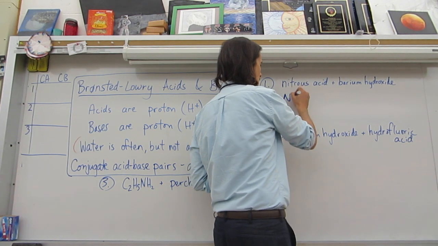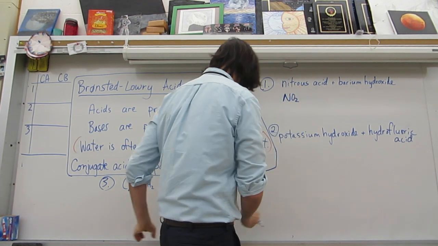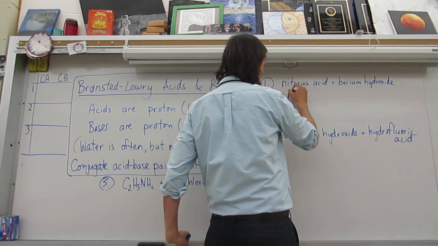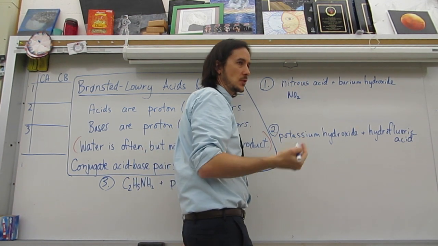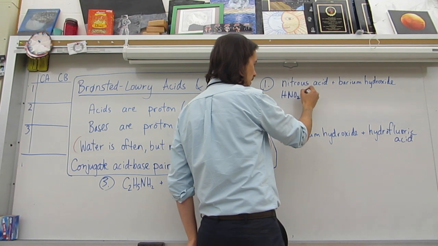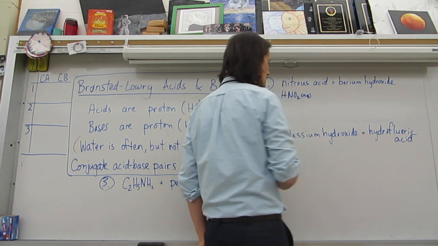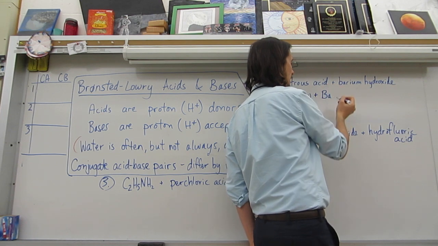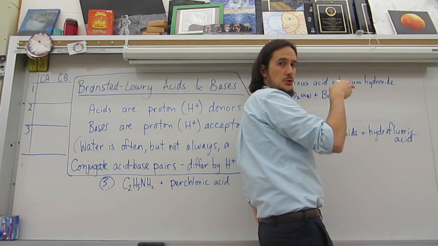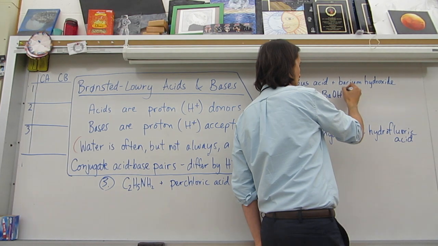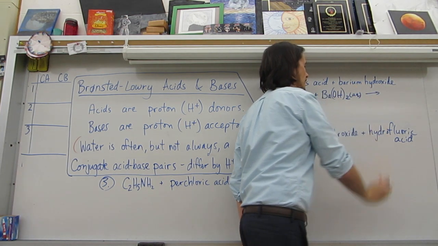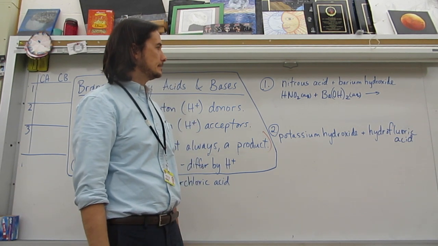Nitrite is NO2 minus, and nitrite is -1, so there's one proton there, and that's aqueous. That's a weak acid. And barium hydroxide, Ba is group 2, so it's 2+, Ba(OH)2, aqueous. And that's going to give us some products.